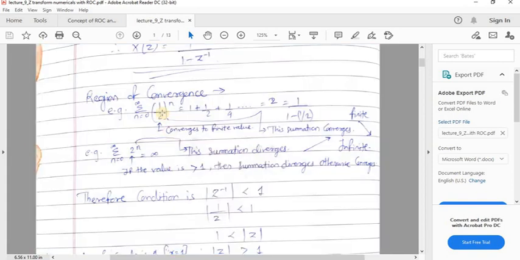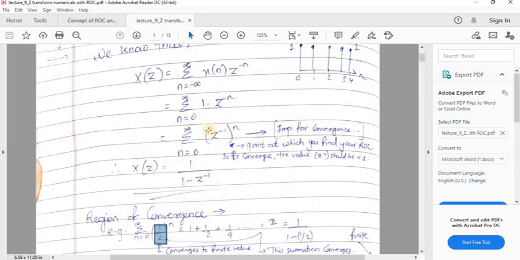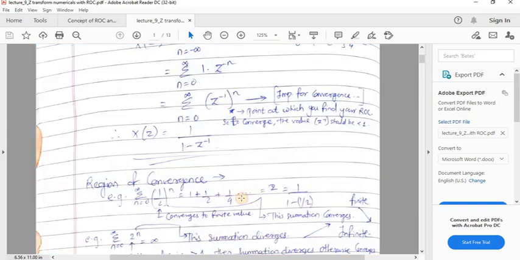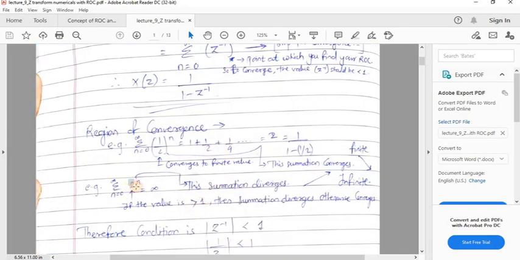Why am I showing you these examples? Our condition is that this should be less than 1. If it is less than 1, then the Z transform converges to a finite value. If it is greater than 1, it will be infinity, because the sequence will grow exponentially. This summation diverges.